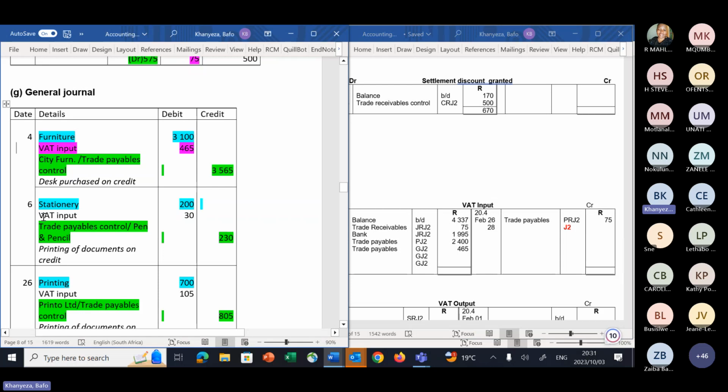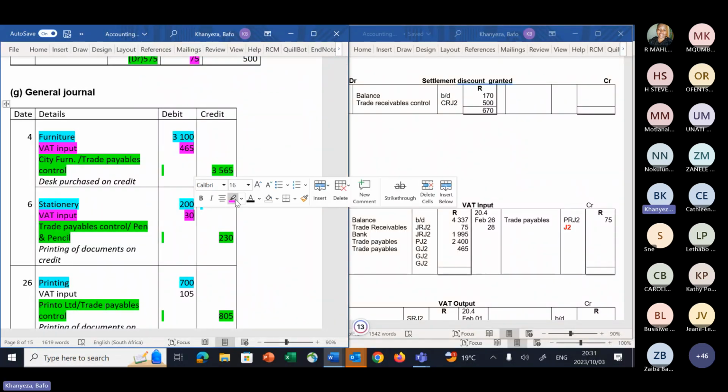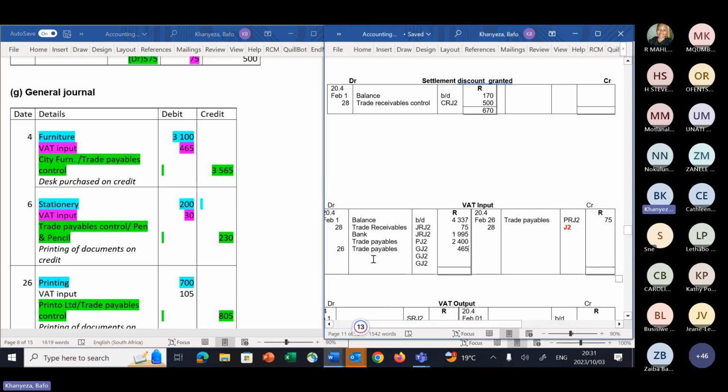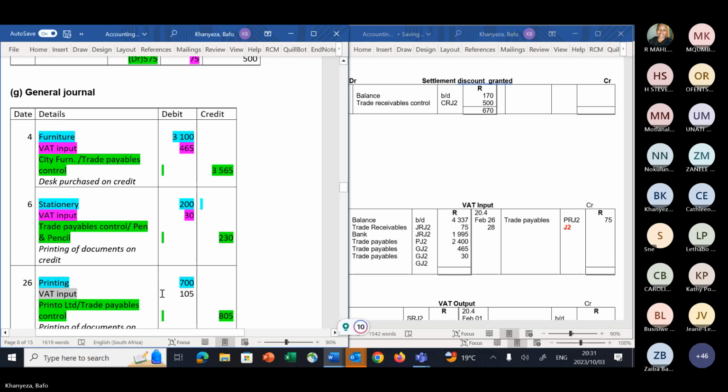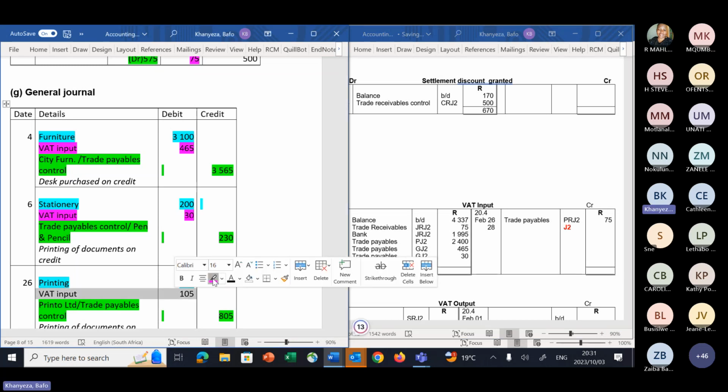Then we have another VAT input. And what is its contra account? It's trade payables again, of 30. Then the last VAT input is gonna be 105.